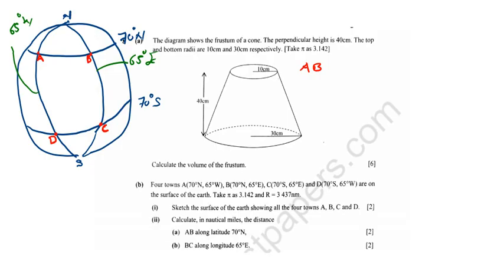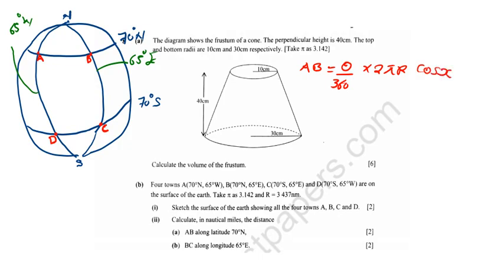So that distance AB is this distance here, from A going to B. As you can see, distance AB is in the same latitude, which is 70 degrees north. So finding a distance for points in the same latitude, we use theta over 360 times 2 pi r cos x.